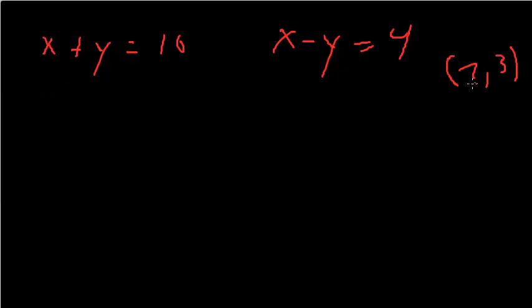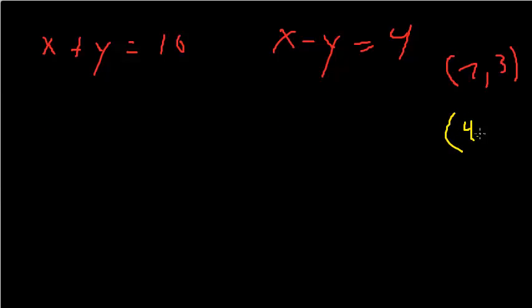Again, always x is our first number, y is our second. So we have 7 plus 3 is equal to 10, and indeed that is true. Here 7 minus 3 is equal to 4, and again that is true. So this point 7, 3 is a solution to these two equations. It is a solution to our system of equations.